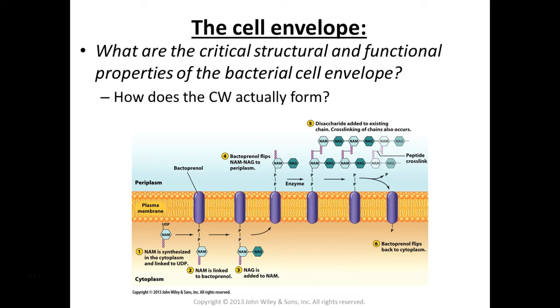So the cell wall is actually made inside the cell, right? And it's transported outside the cell. Right? So the pieces are made inside and then they're linked together outside the cell.